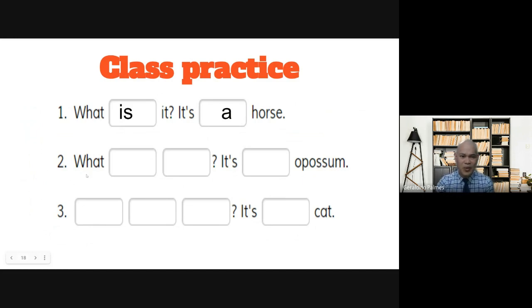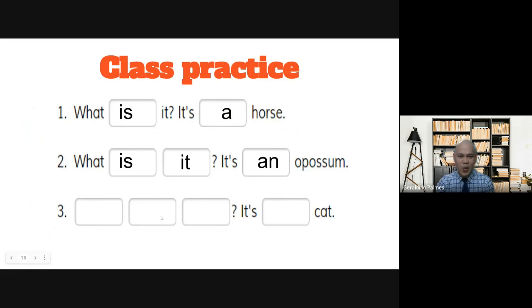What about number 2? It's just the same as number 1. On this side, you see a question mark, and here will be the answer. Here, we need to complete the question. What is it? Oh, here you can see an opossum. Shall we put a or an? What do you think? Very good. Why? Because opossum starts with a vowel.